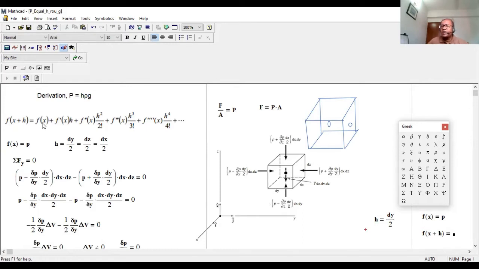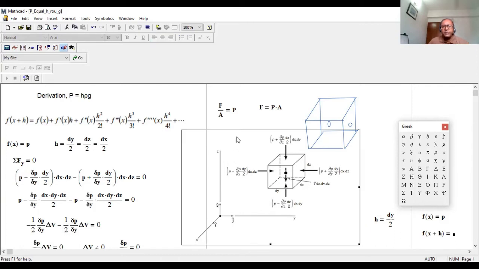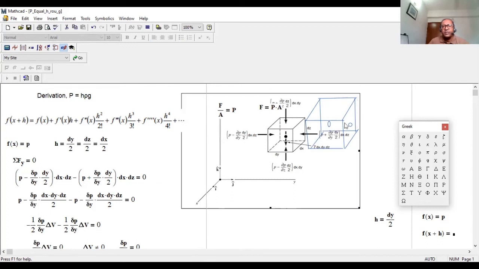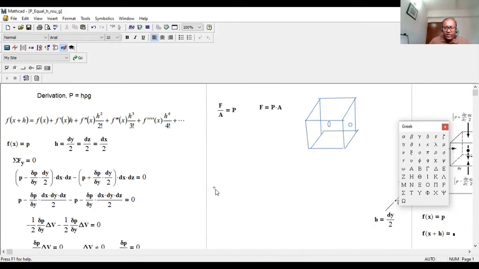If you look at the Taylor series, what will be the pressure at x plus h? Let me keep this figure over here, or I can move it to the right. I need to figure out the pressure at x plus dx by 2, at this location instead of at x. So this equals f of x.